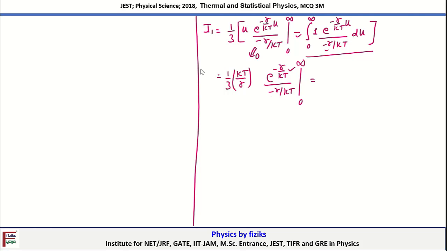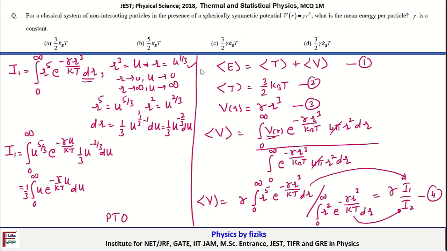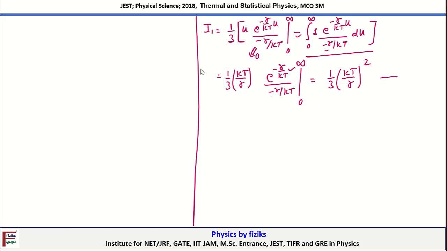So ultimately this is equal to 1/3 (kT upon gamma) whole square. So that's the value of I1. Let me check the number I have given already. I have given up to equation 4, so let me call this equation 5. Okay, so we have evaluated I1.